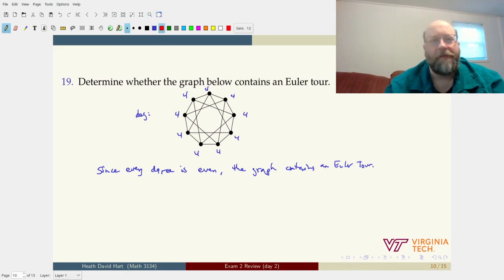You didn't actually have to find one, but an example of one would be to go around the outside of this shape, and then how do we want to do this? I want to incorporate these triangles as well. So let me back up a moment.